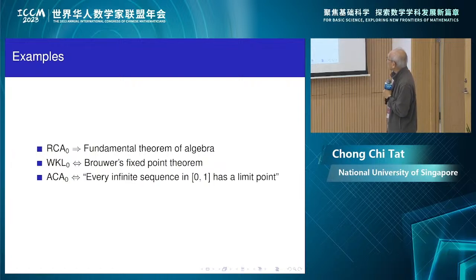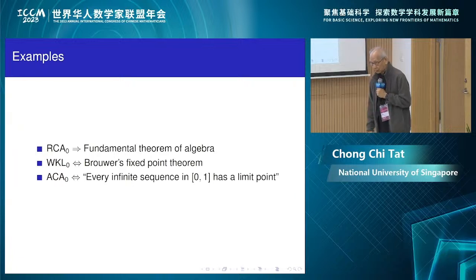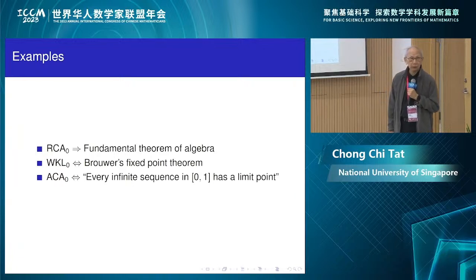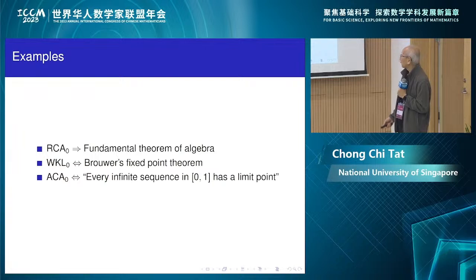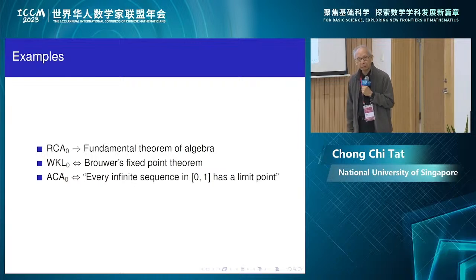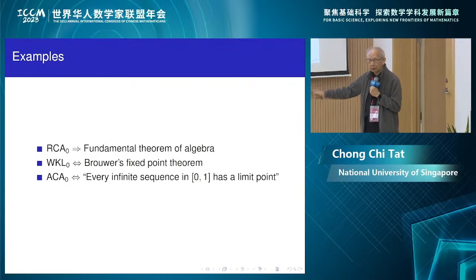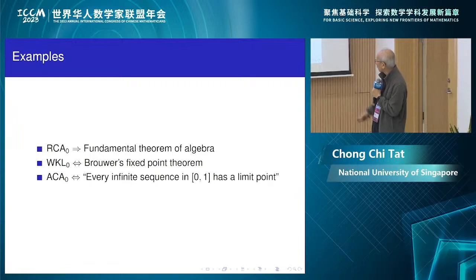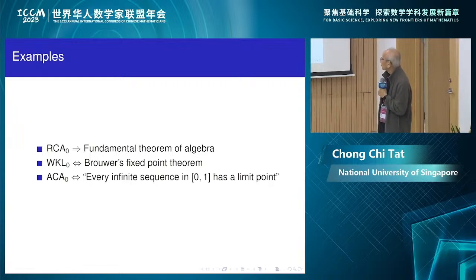And then there are several other examples which are not listed here, but let me just mention them because these are in combinatorics. The first one is the well-known van der Waerden theorem that says that if you decompose the set of natural numbers into finitely many parts, then at least one of them will have arithmetic progressions, infinitely many of them, of a given length, for example, right?